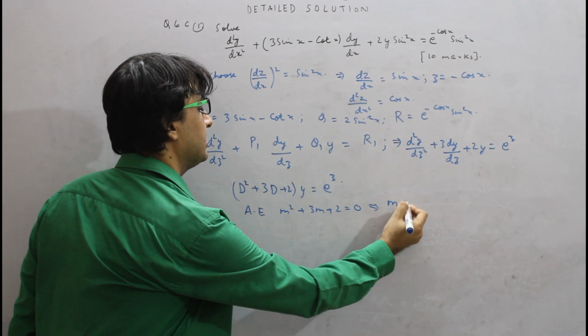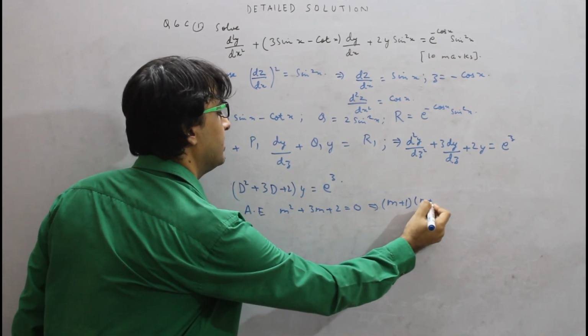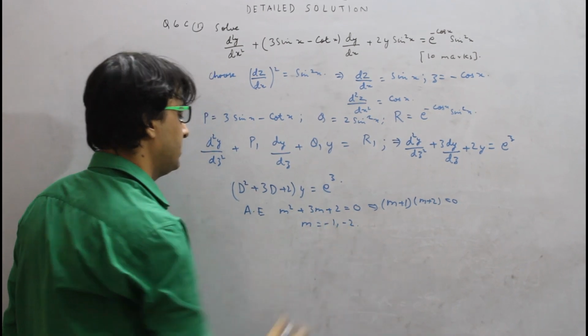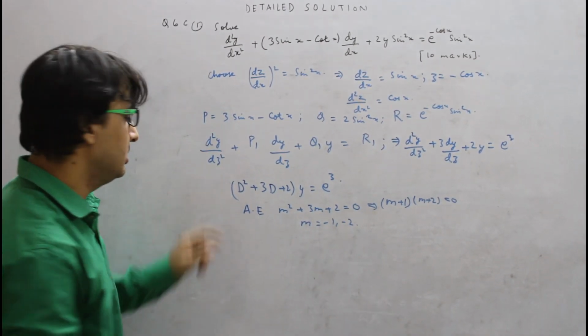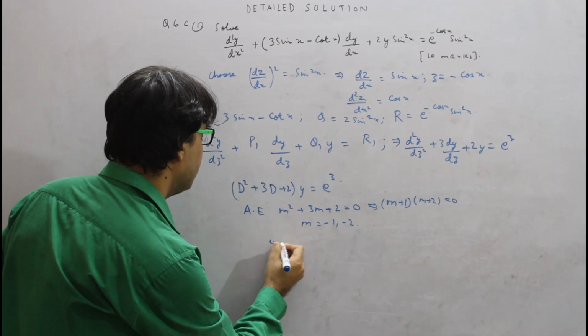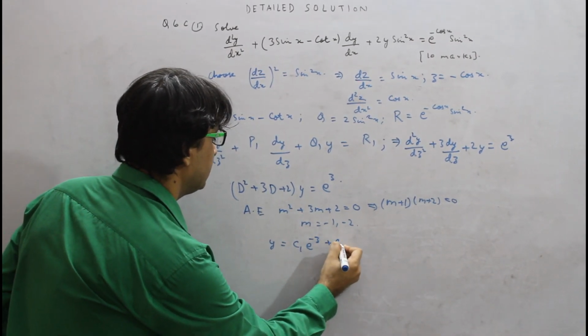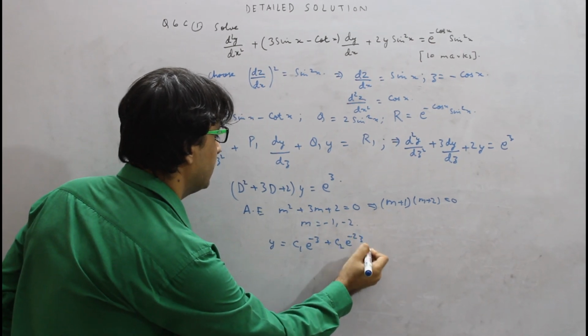So we can write it as (m + 1)(m + 2) = 0. So our roots are −1 and −2. With respect to z, we can write y = c1 e^(−z) + c2 e^(−2z).